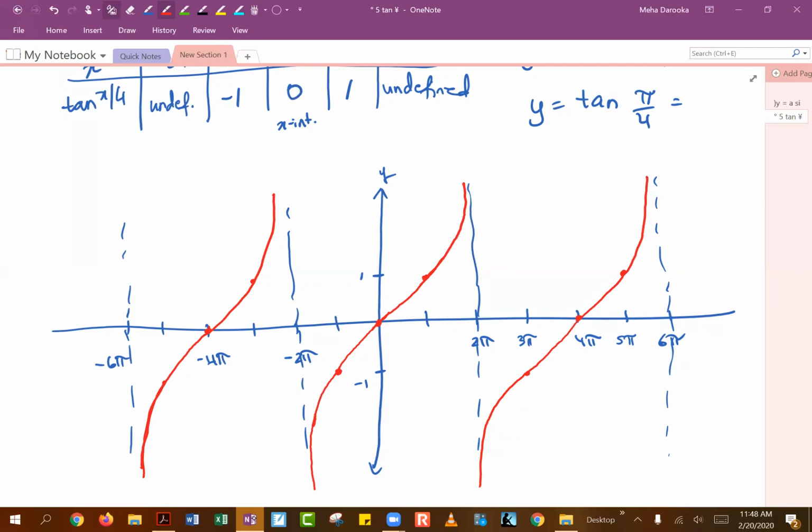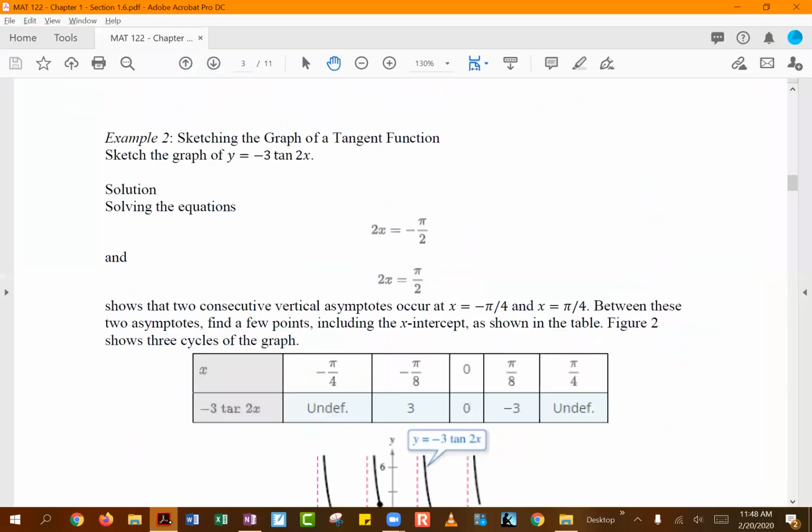Okay, your next example is looking at y equals -3 times tangent of 2x. So of course your -3 would technically be what we call the amplitude, but since tangent functions don't have amplitudes, we're going to leave it as it is, and then of course your 2x will be the bx part.